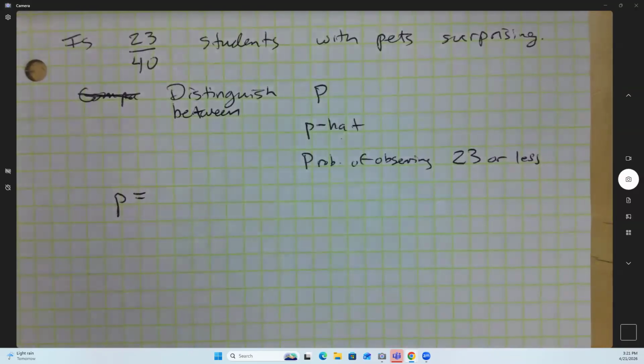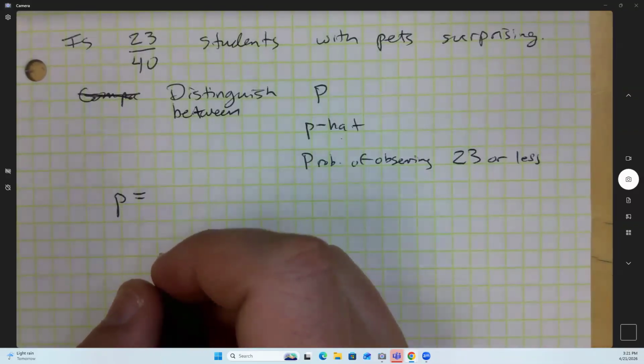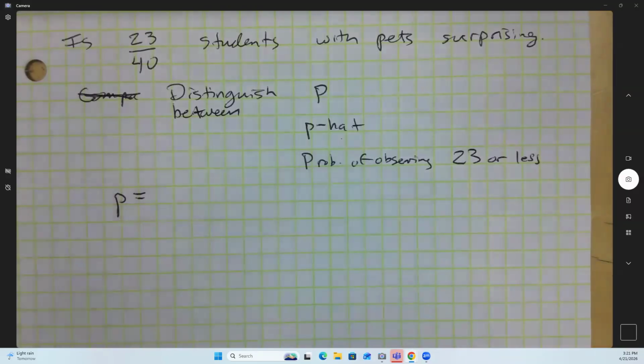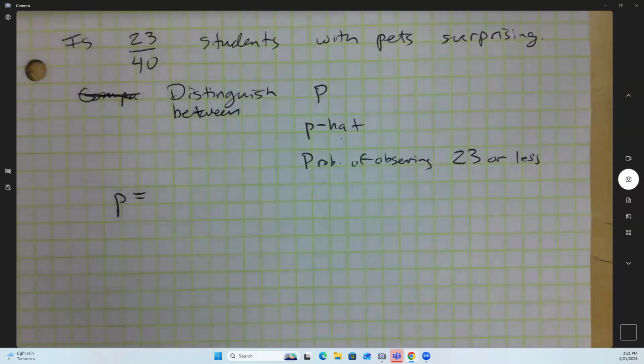P came from our data. This is the theoretical probability. What was the theoretical probability? And what is the proportion that we expect? It wasn't 30, that's the number. What's the proportion?